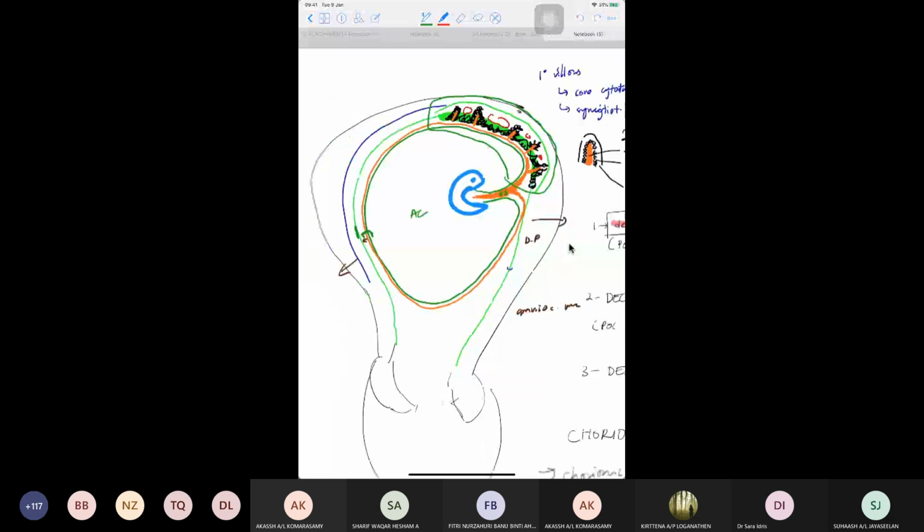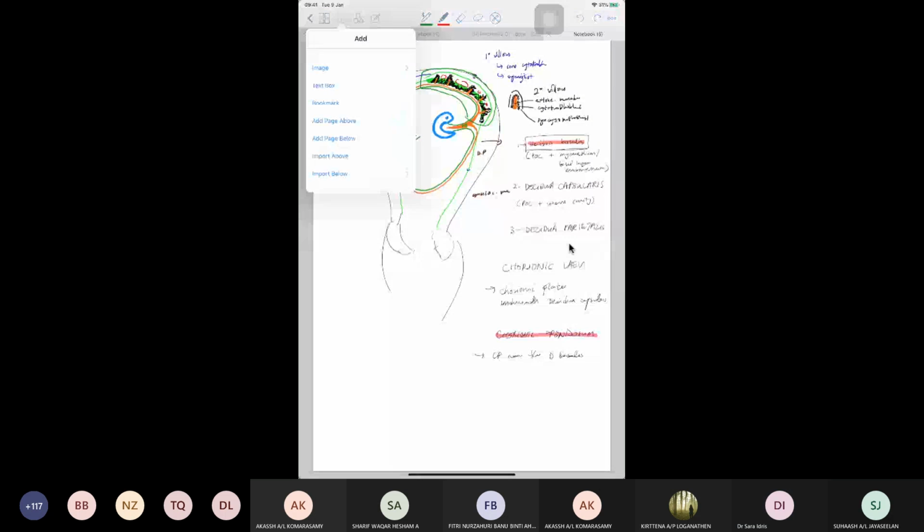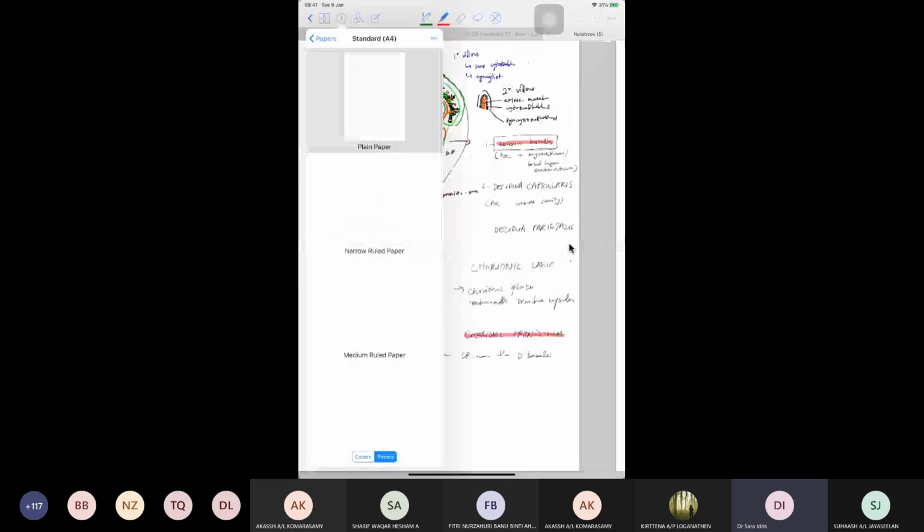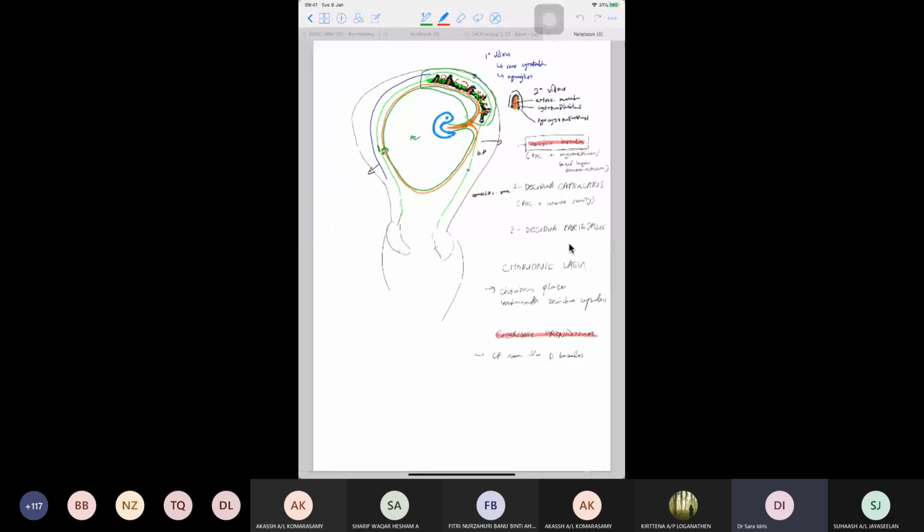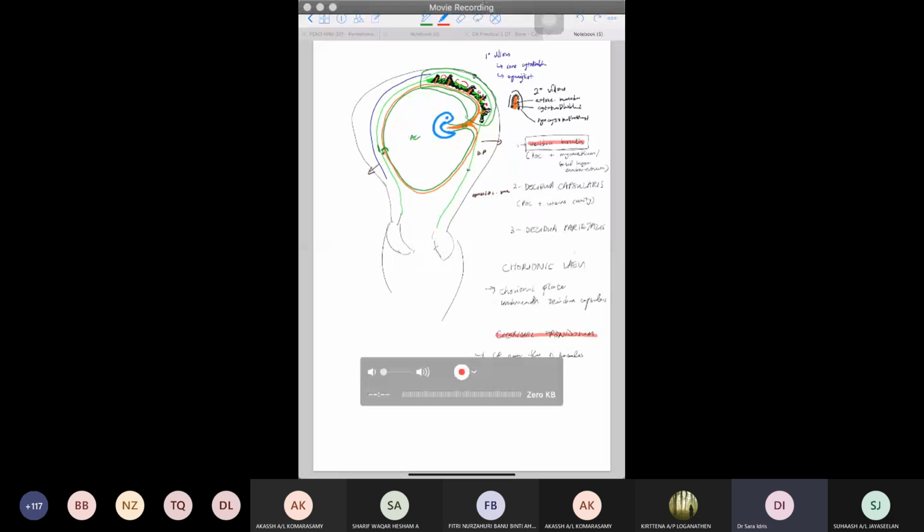If we take this structure and dissect it, we can see that the placenta is formed by the decidua basalis, by your chorionic frondosum, and all the layers that it is made up of.